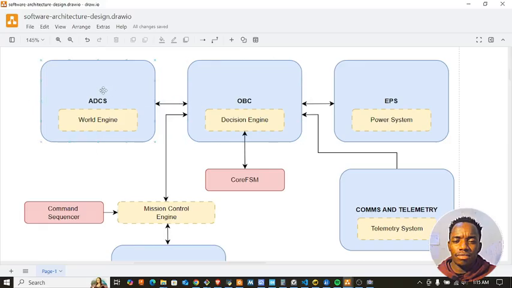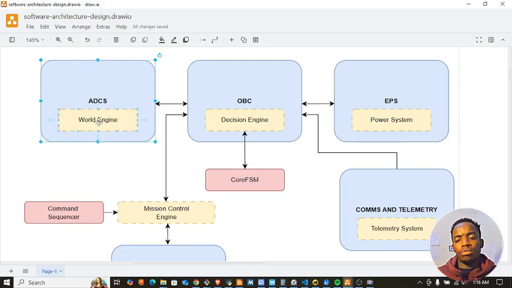I'll start with this ADCS. ADCS is basically the attitude determination and control system, right? So whatever runs there is called the world engine, meaning that it is sensing the world around the CubeSat. So what is the atmosphere around me in terms of compasses, inertial measurements, accelerations, angular velocities, temperature, humidity, if that applies.